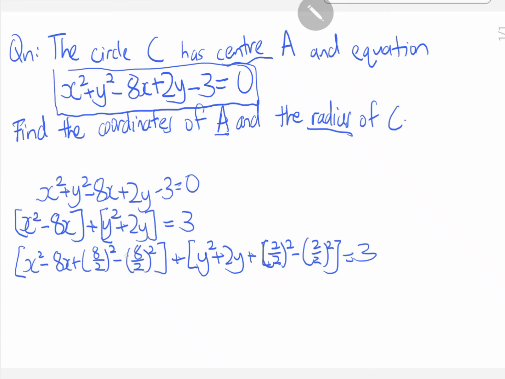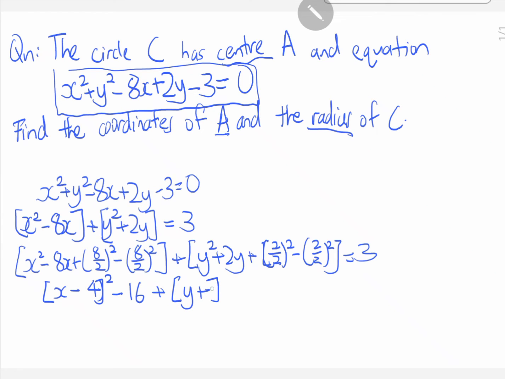Now we can write this as (x minus 4) squared minus 16 plus (y plus 1) squared minus 1 equals 3.